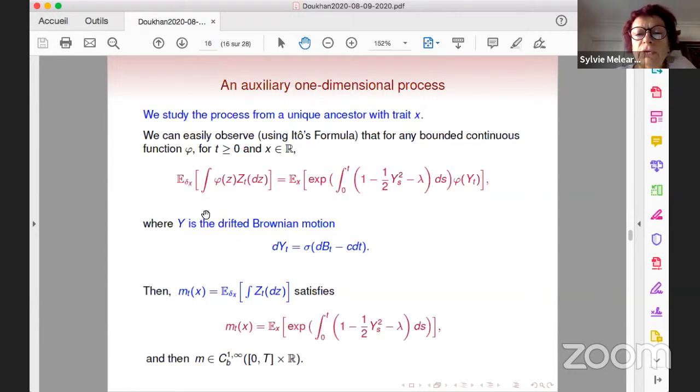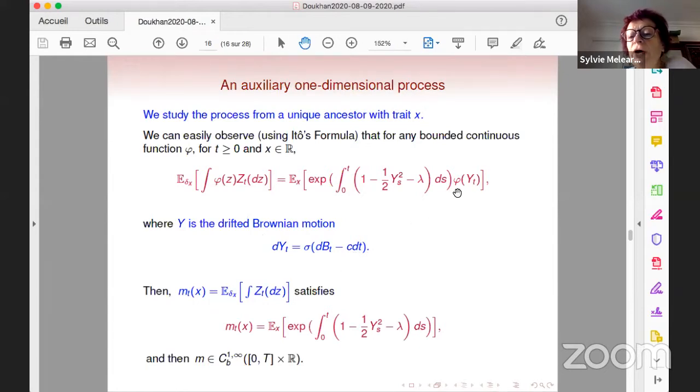And the first thing we can observe is that if we want to know the law of this measure valued process Z, I forget K for the moment, it can be described through an auxiliary process, Y_t, which here is just the mutation Brownian motion drifted by the environment.